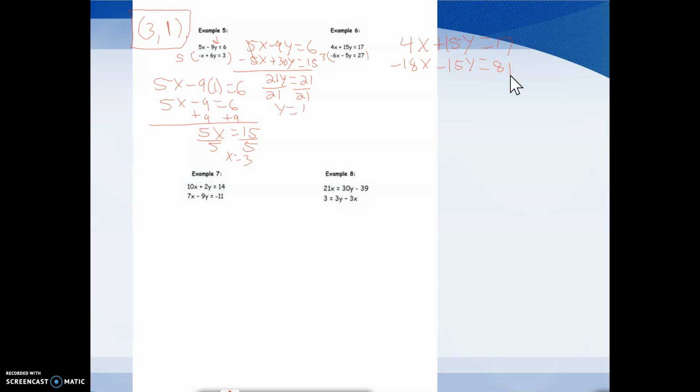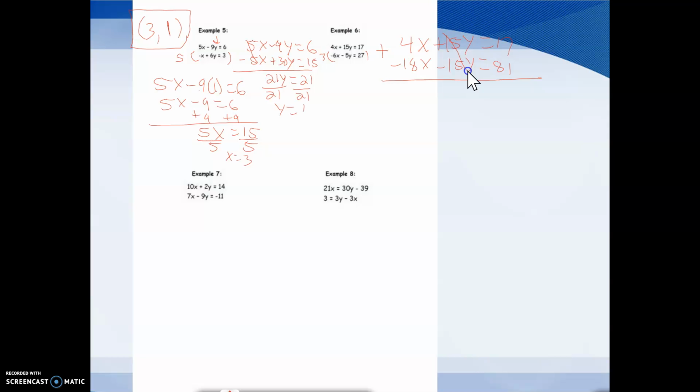And then what I'm going to do is add the system, right? Again, the reason I'm going to add is that the 15s are going to cancel out, right? So let's say goodbye to them.